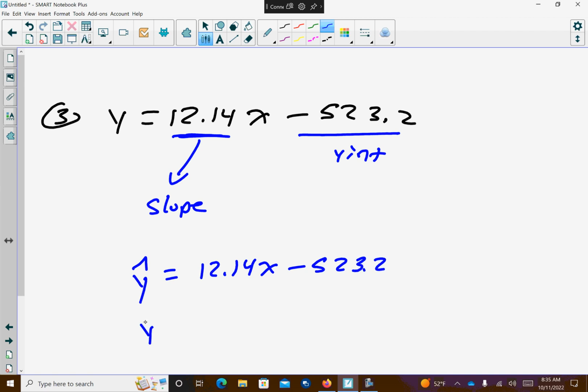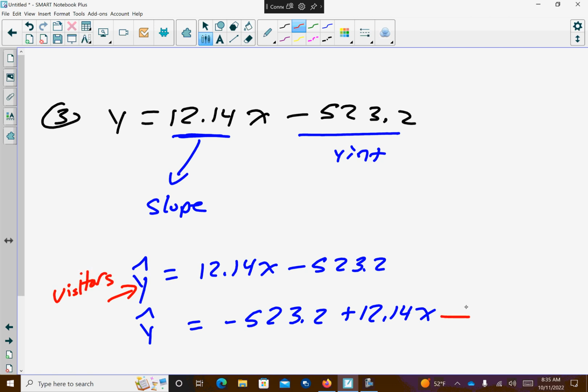Sometimes they might say it this way in statistics, and this is also okay. So either of those is 100% fine. The y would be the visitors, and the x would be the temperature.